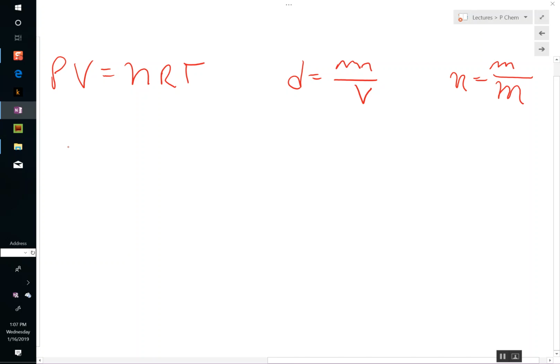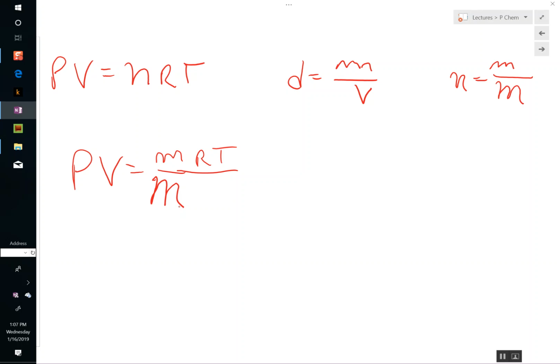So let's rewrite this. PV equals, so the mass of the gas divided by its molar mass is the number of moles of gas. So we can actually substitute that right in here, like that. This is a kind of capital M. I'm not sure of the best symbol for molar mass; they're using the capital M on this slide.